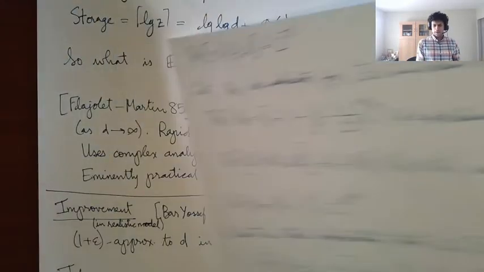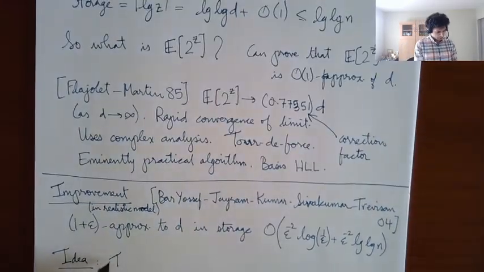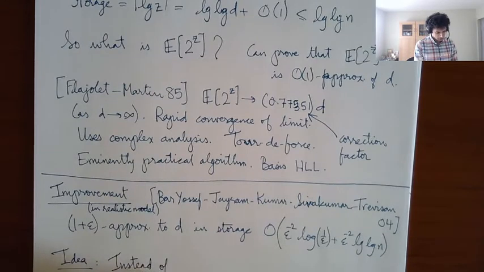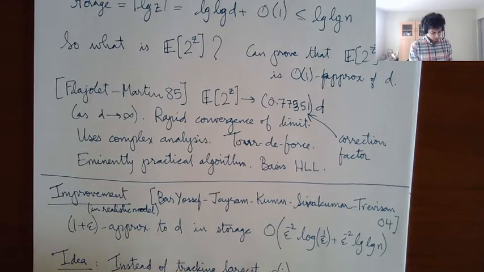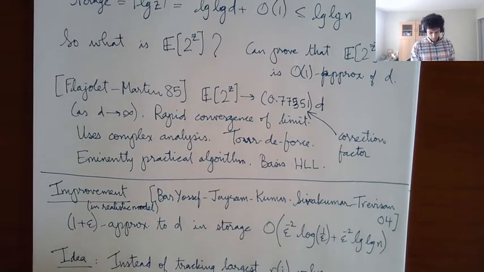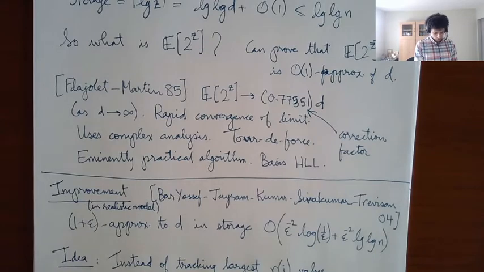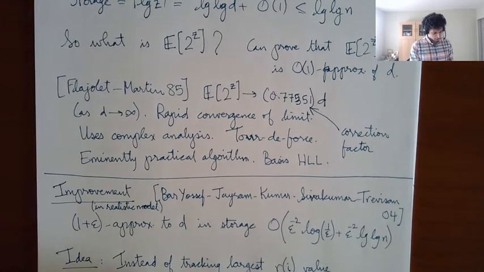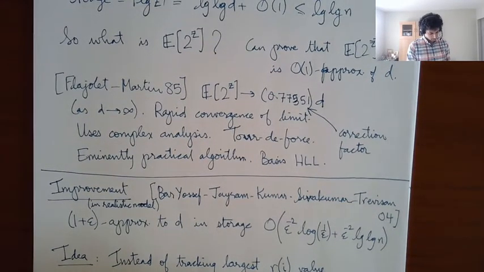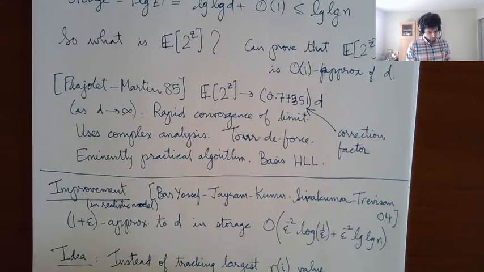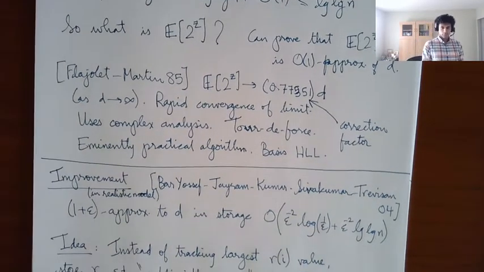And so their idea is to say, instead of tracking the largest Ri value, store the R such that sufficiently many objects have an Ri greater than or equal to R. Sorry, yes.